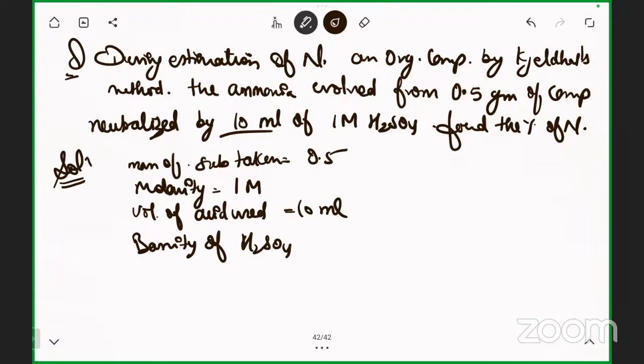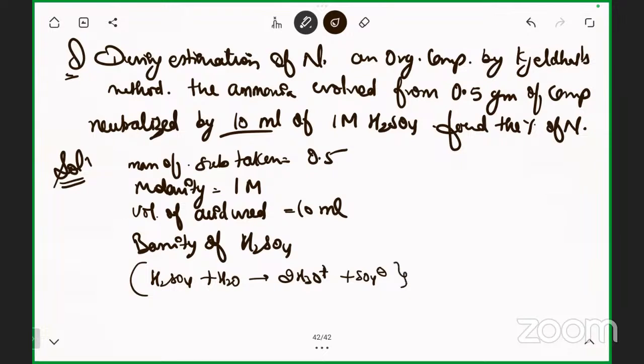Anyone knows what is basicity? No one knows. See, H2SO4 when dissolved in water gives out 2 molecules of H3O positive plus SO4 negative.